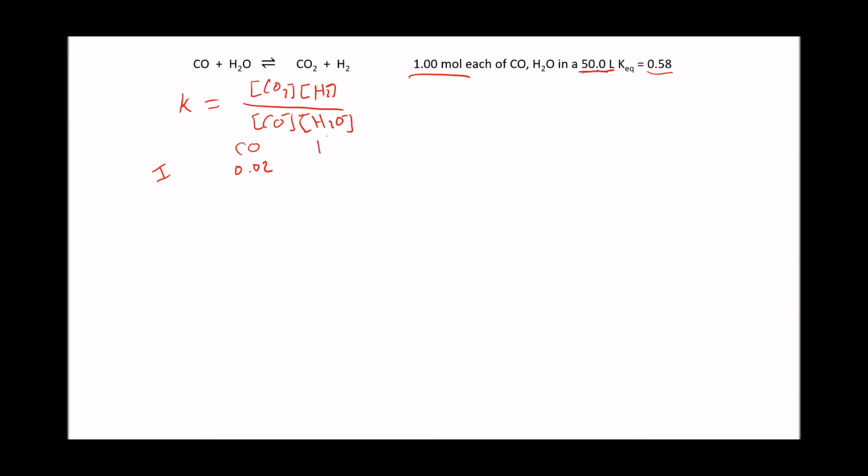And same thing for water, it's a 0.02 molar concentration. And then you have carbon dioxide, 0 concentration, and hydrogen, 0 concentration. So the change that you expect in this case is that since you have 0 products, the reaction will likely proceed to the right-hand side to make more products.